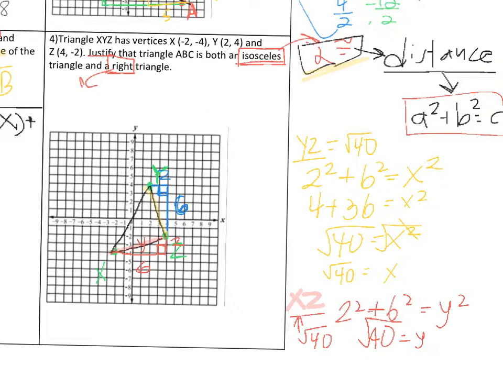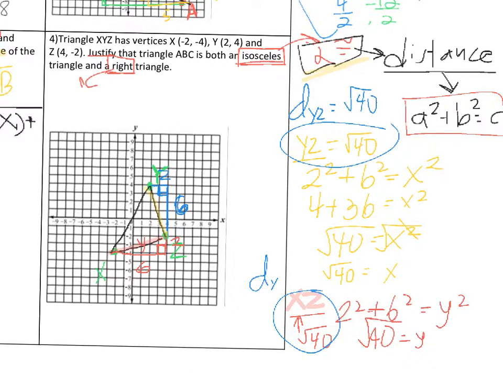So showing these two sides are the same, we can write this using notation like the distance of yz equals radical 40, and the distance of xz equals radical 40.